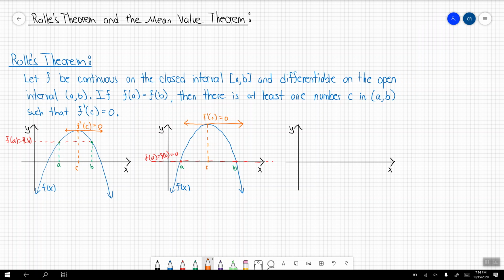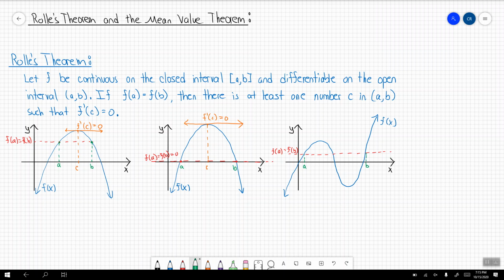All right. Now, it's only guaranteeing at least one number c in this given interval. Well, what if we had a function like this? And this was our function f of x. If we set some boundaries here, call this f of a equal to f of b for that y value, then we can bound by some number a and some number b.